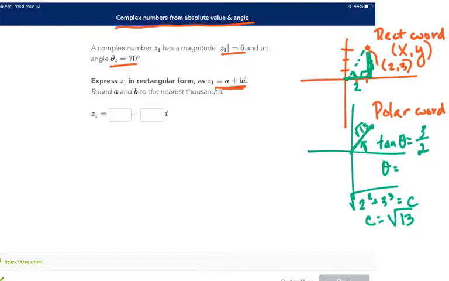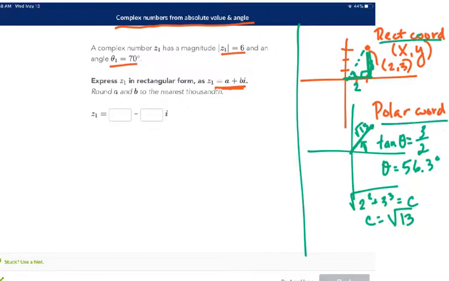I'm going to type it into my calculator right quick here, and I'm keeping this in degrees for now. So it's about 56.3 degrees in this example. So again, what I'm doing over here to the side is not working on the problem you see on the left. I'm just reviewing, talking about rectangular coordinates and polar coordinates.